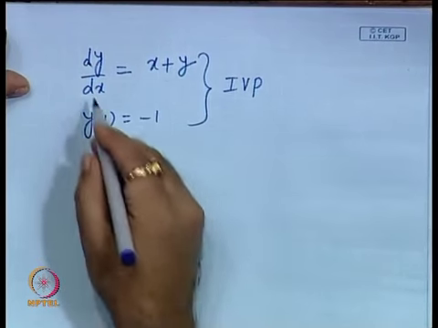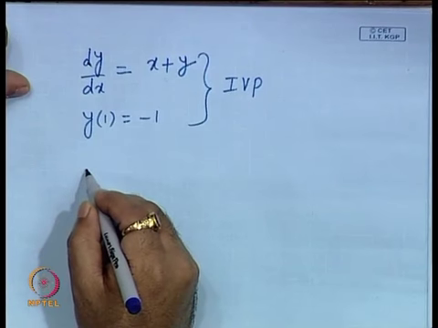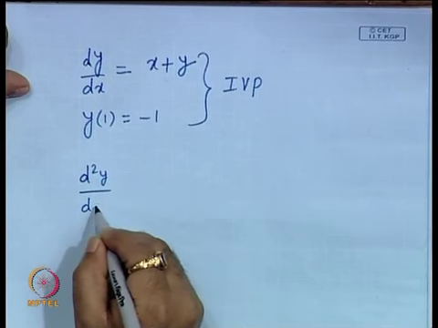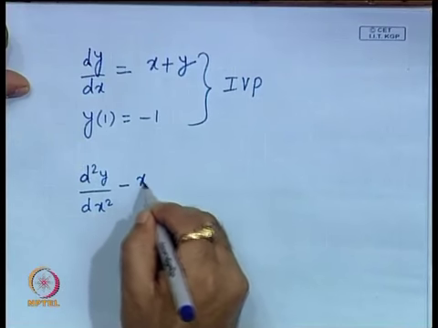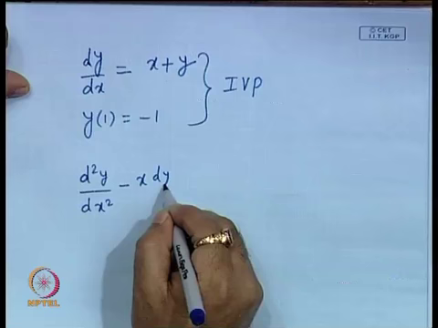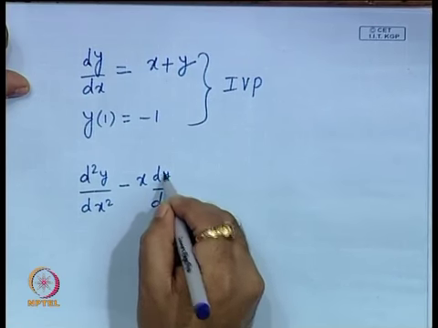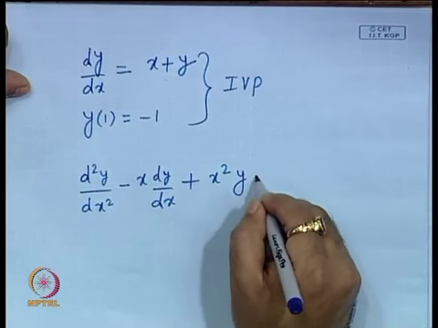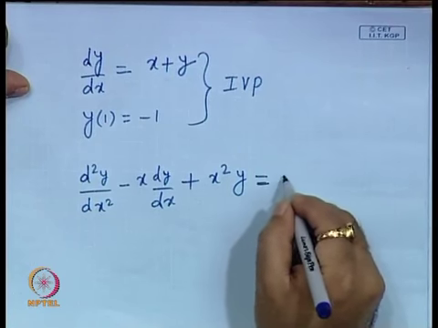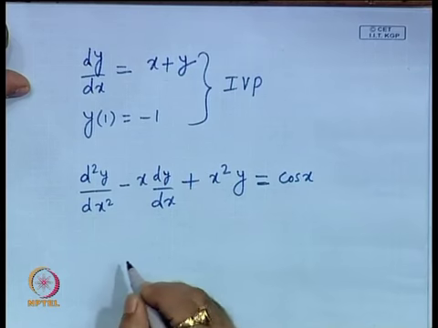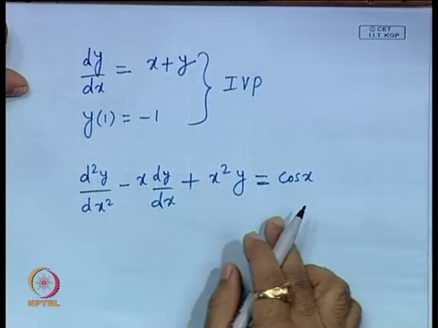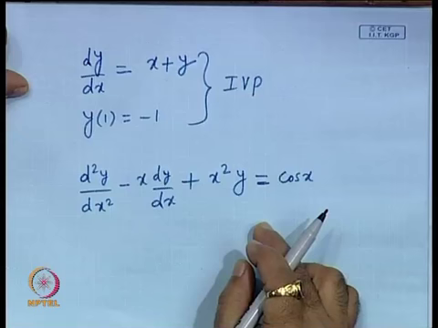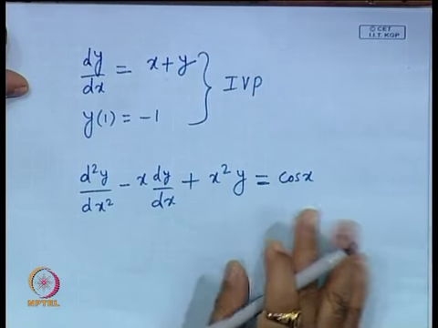Okay. So, similarly, one can consider examples, say minus x dy by dx, plus x squared y equals, say, cos x. So, what kind of ordinary differential equation is this? Second order ordinary differential equation. So, now to solve it we need two conditions. Okay.